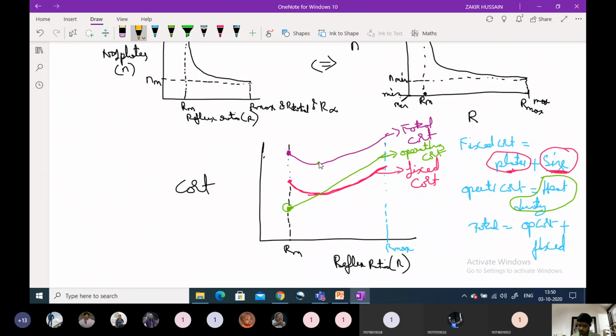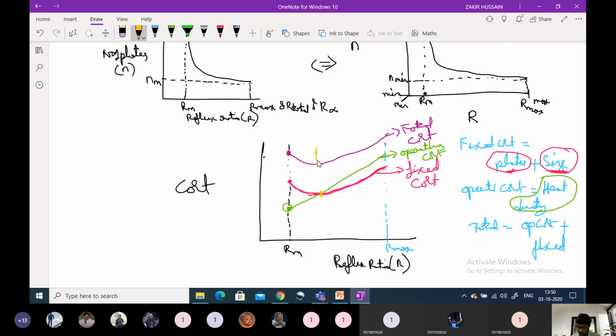The minima for the total cost is this one, and there is no minima for the operating cost, which is gradually increasing. So you can take this as some optimal value. Then for this pink color fixed cost, the minima is this one. After that, it will increase.